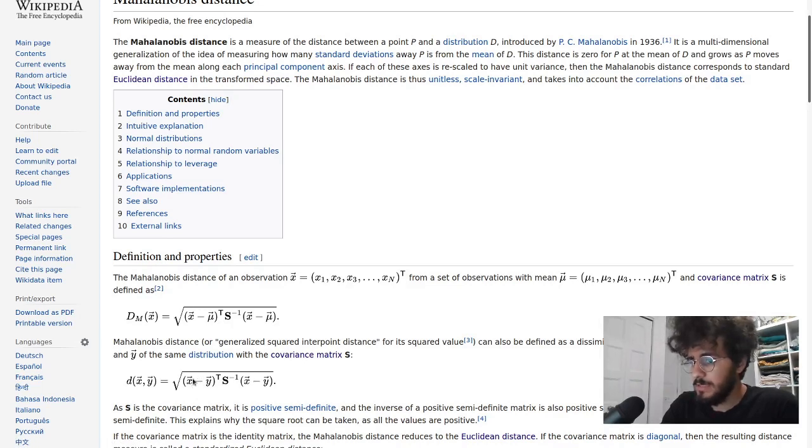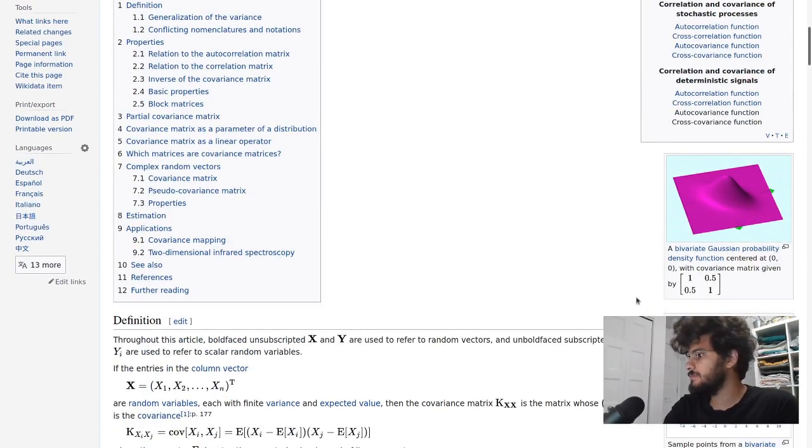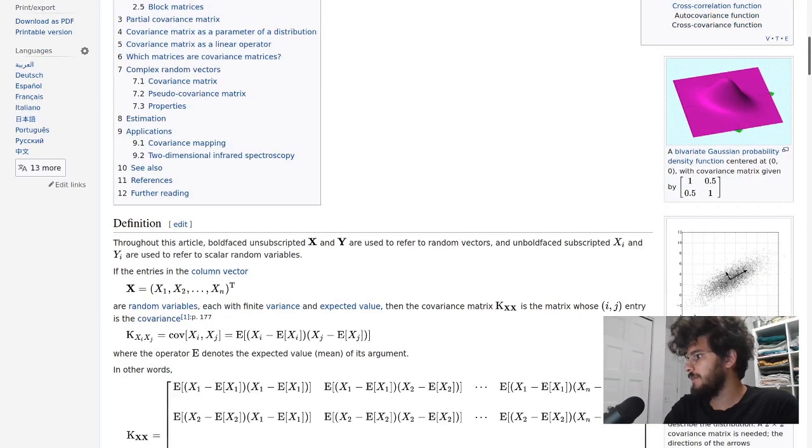So you have this vector minus this other vector, transpose, times the inverse of the covariance, times the difference again, squared. Let's take a look at what is actually a covariance matrix. This is a covariance matrix that represents the kind of Gaussian distribution that you can have.